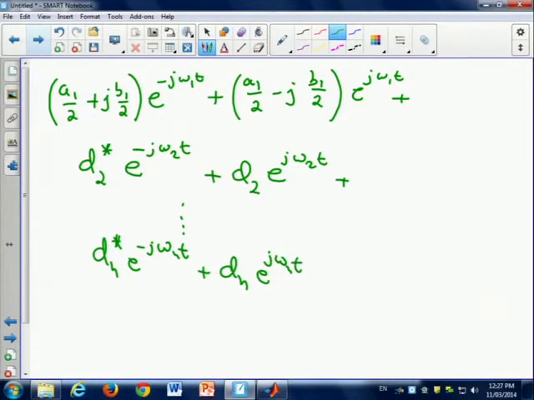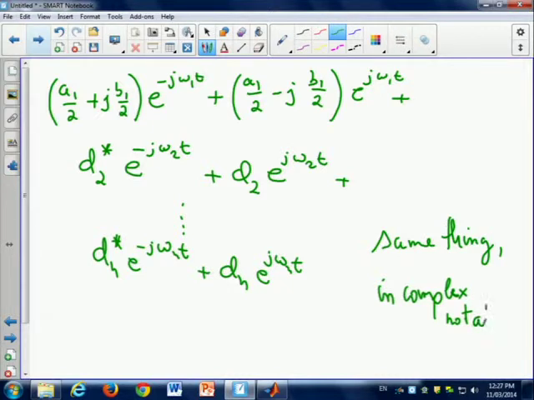And there you have it. Same thing, but this time in complex notation.